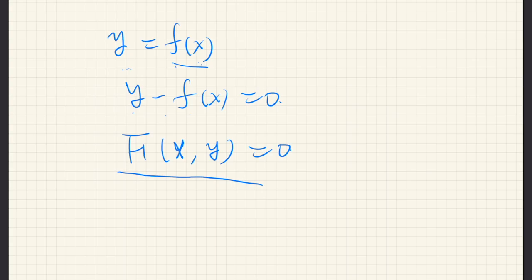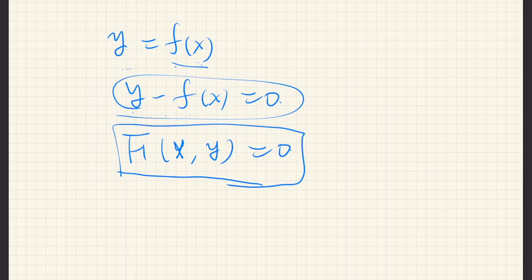Now, forget about this relationship and just suppose we have this bivariate function from the beginning. Does this define a function like this? Sometimes yes, sometimes no. So this defines an implicit function, y of x or x of y.